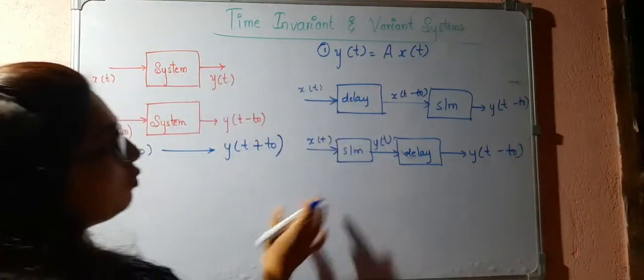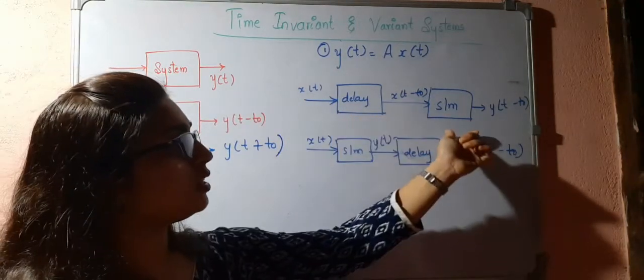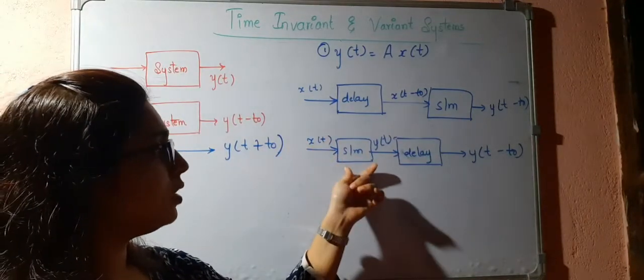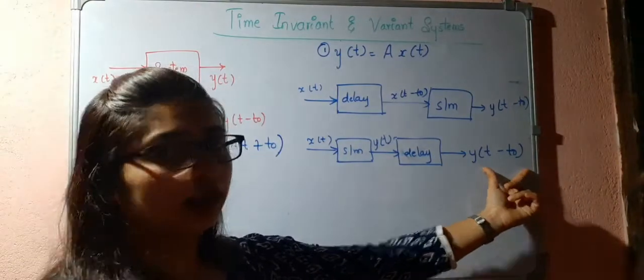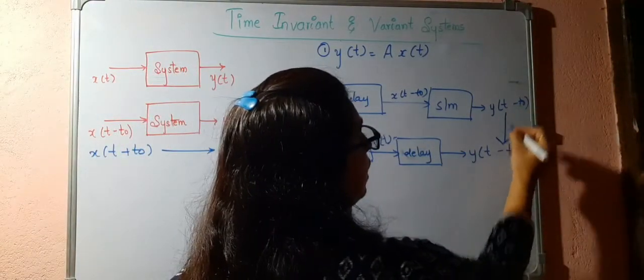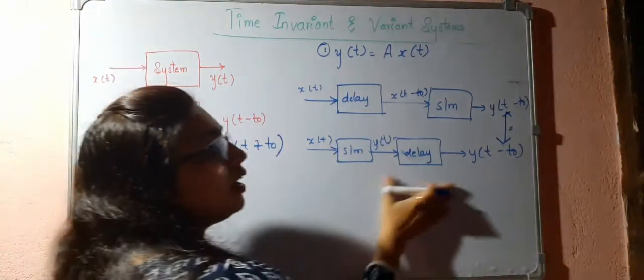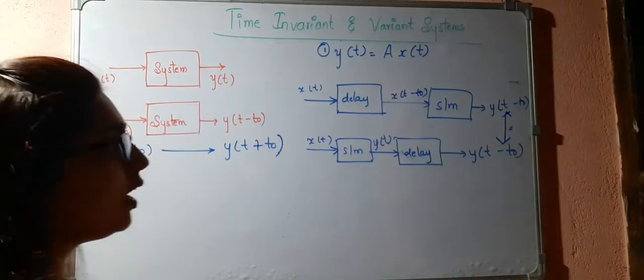That means first, if I pass the signal through a delay and then through the system, I am getting an output. And if I pass the signal through the system and then pass that output through the delay, then I will get another output. So if these two are equal, then only I can call that particular system a time invariant system. But if this is not equal to this, then that becomes a time variant system.